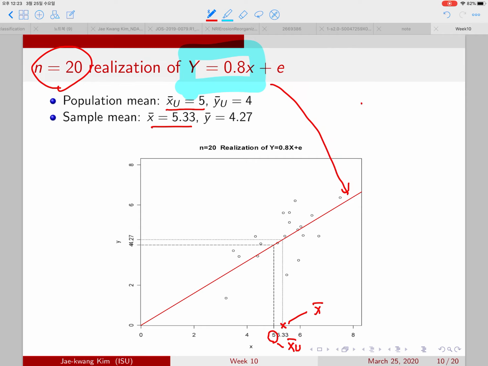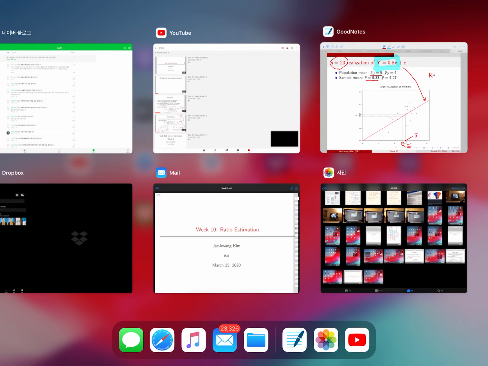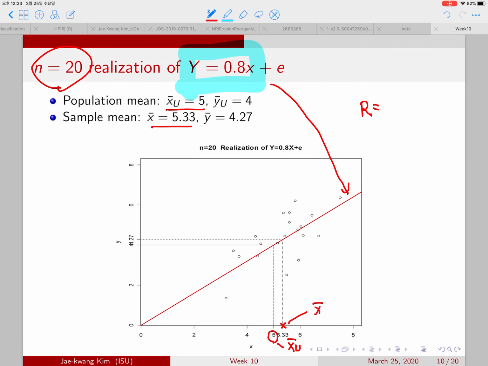The ratio is x bar u divided by x bar, so that is 5 divided by 5.33, which is 0.938.